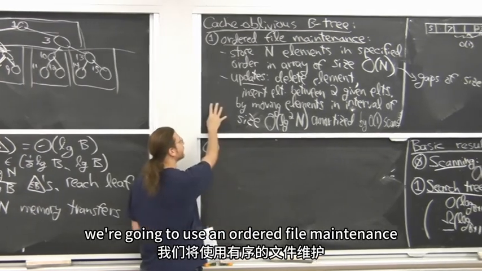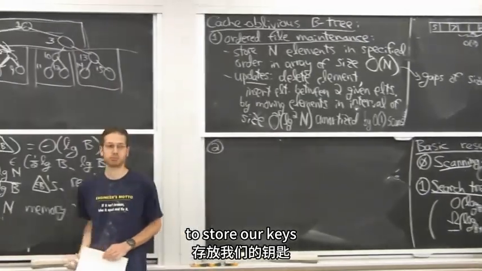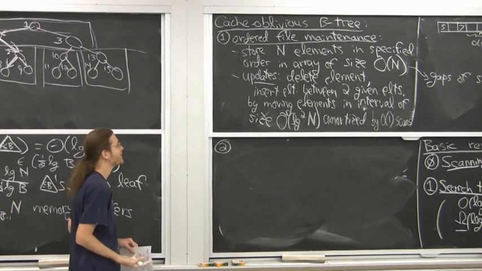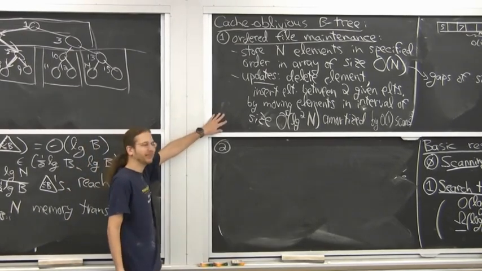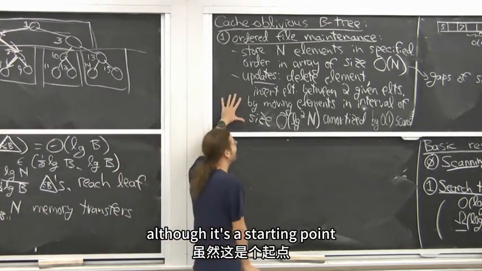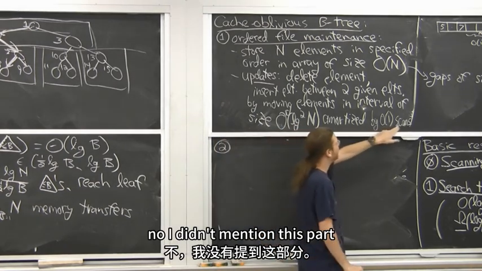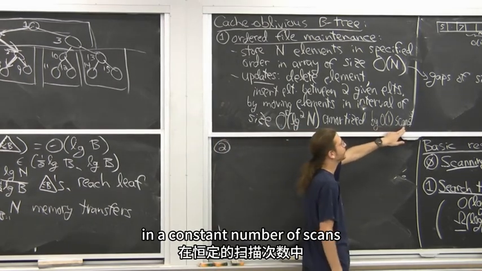We're going to use an ordered file maintenance data structure to store our keys. Just stick them in there. Now, this is good. It's really not good for anything, although it's a starting point. It can do updates in log squared of n. No, I didn't mention this part. In a constant number of scans.